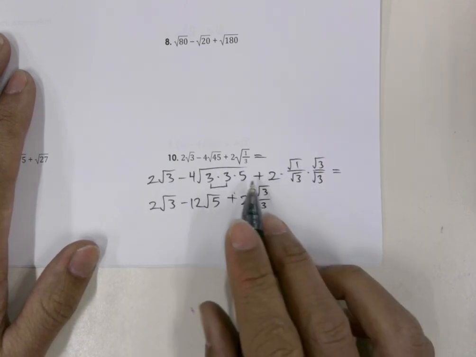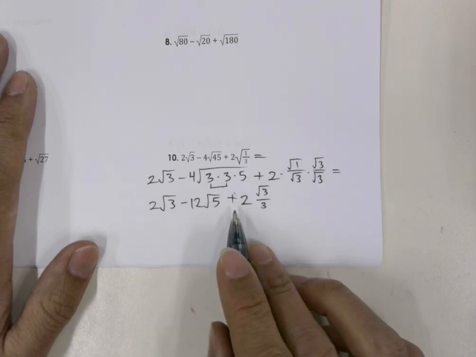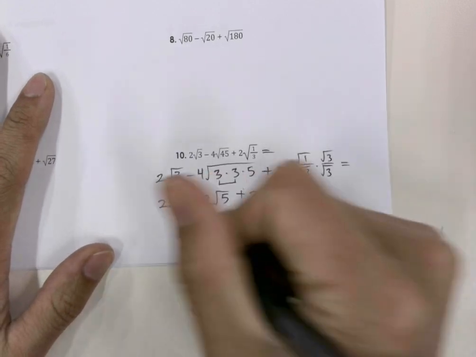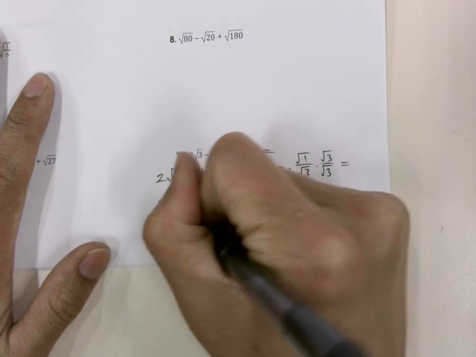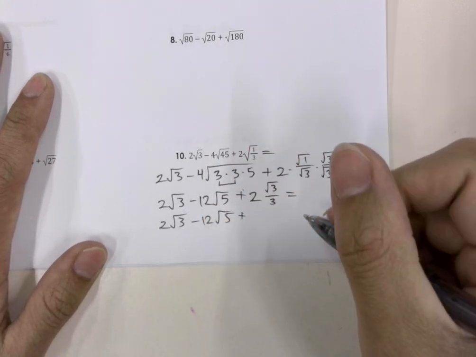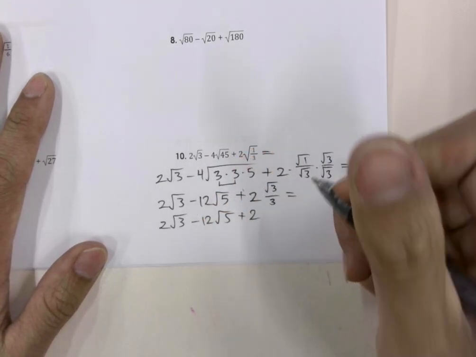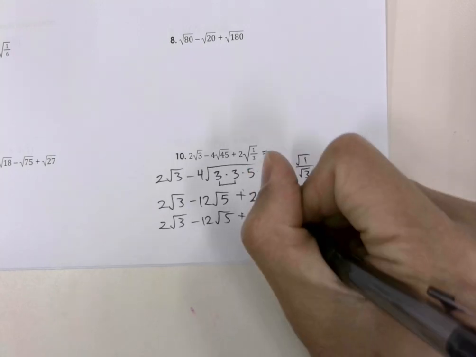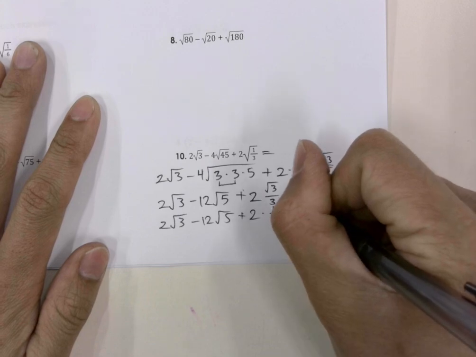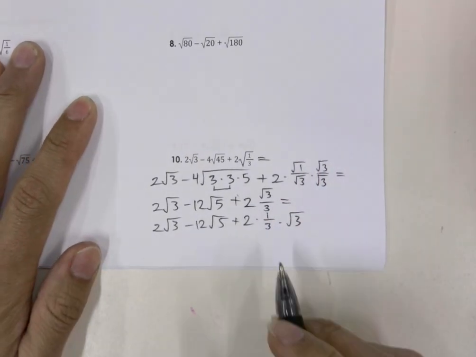Okay, so now we can go ahead and separate this fraction into 2 parts. Right? Let's go ahead and do that here. So we'll have 2 square root 3 minus 12 square root 5 plus, and we could do 2 times 1 over 3 times square root 3. Okay.